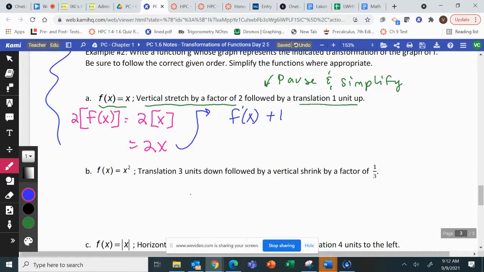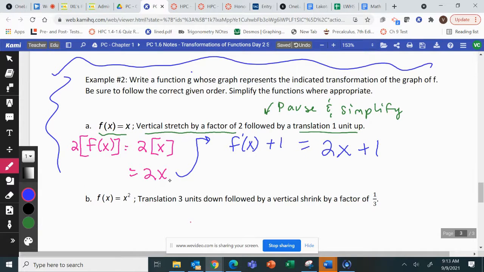So the 2x, and then I add 1 on the outside. In the directions, it says write a function g. So it's telling us what to call the function there. So I'm going to rename this function g of x equals 2x plus 1.